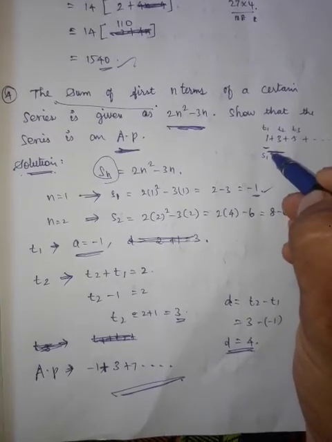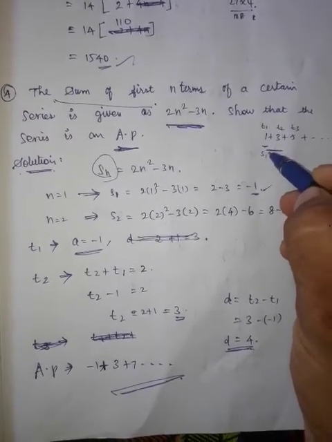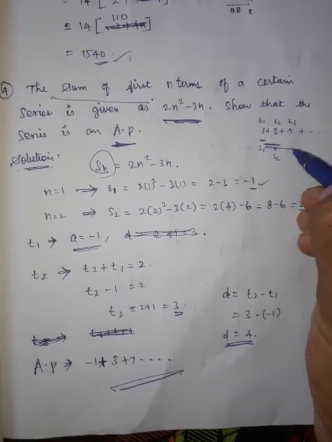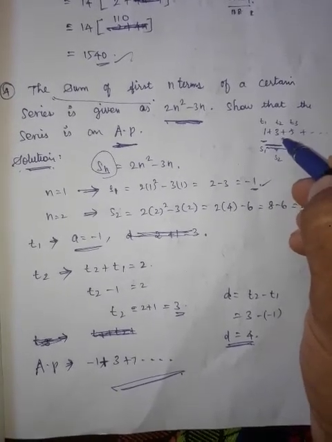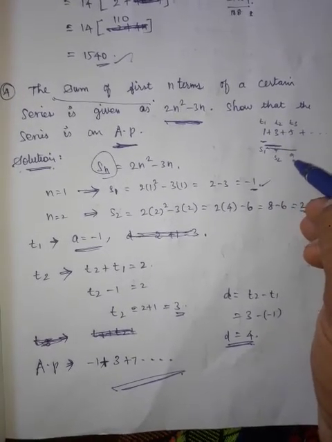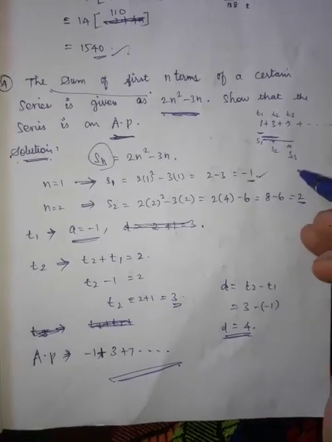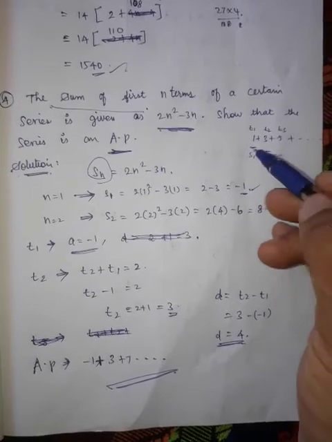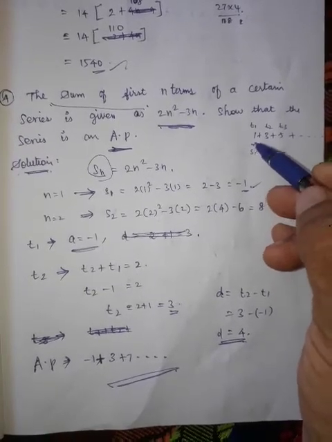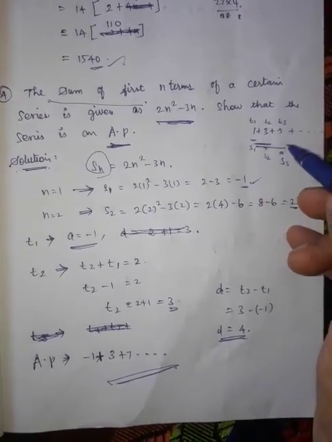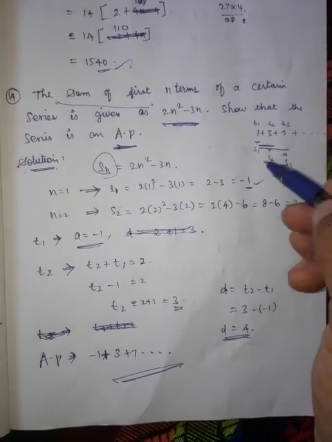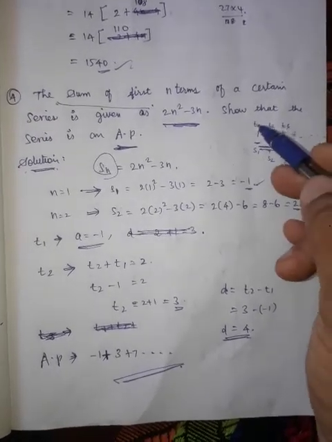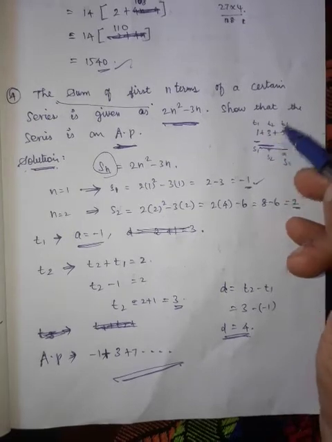Then for the first, second and third values, the sum is S3. So the first value is S1, the first two values S2, the first three values S3. These are sums, but T1, T2, T3 are term 1, term 2, term 3.